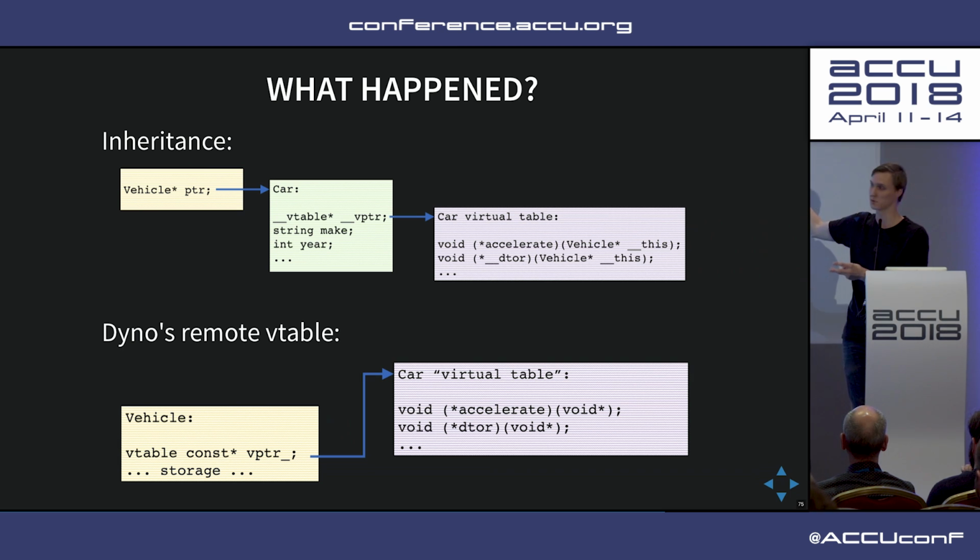So I have two hops to get to my vtable. In the remote vtable, because I'm using a fat pointer, I have a pointer to data, which we don't care about for the purpose of this example, and I have a pointer to the vtable. So in order to get to the vtable, I just have one hop, not two hops.